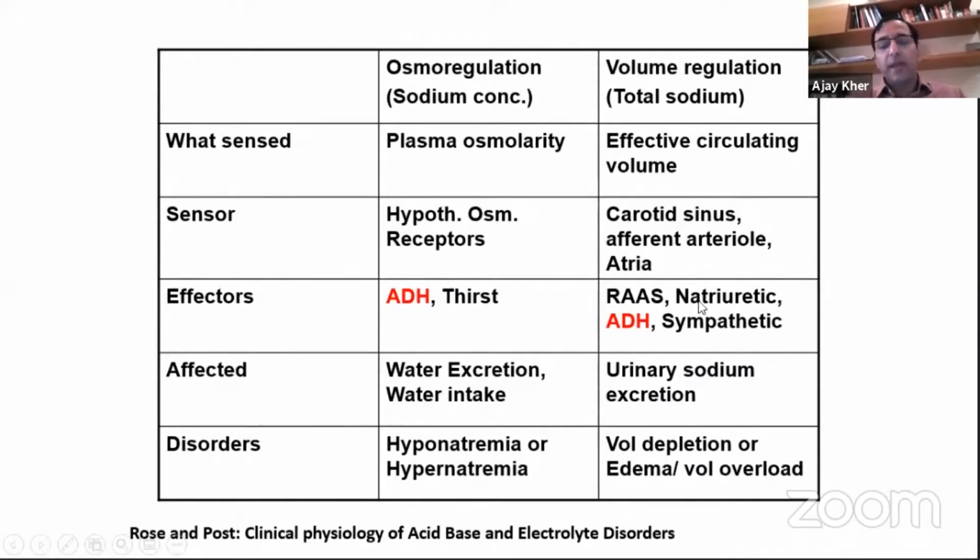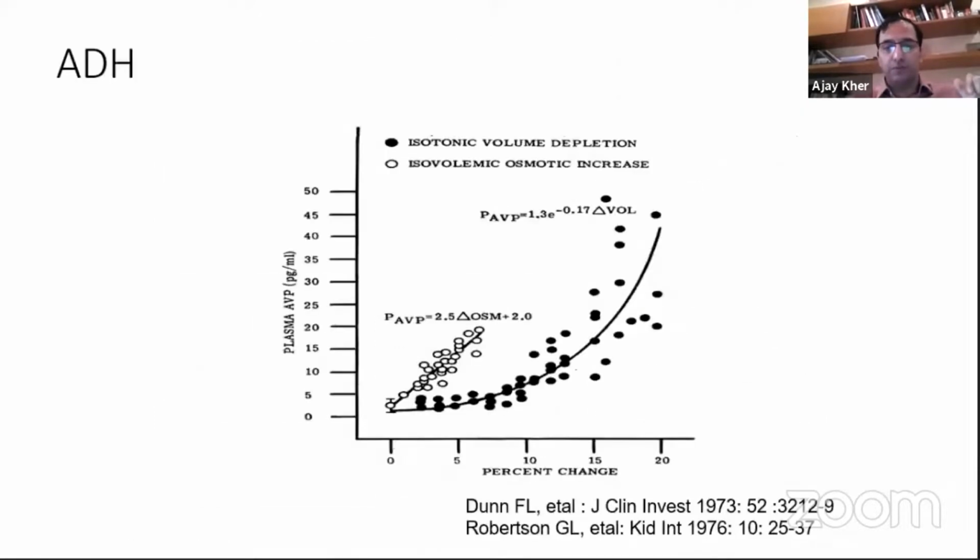The predominant mechanism by which these work is urinary sodium excretion or urinary sodium retention. If there are problems in this system, you will have volume depletion if the volume is low, or edema and volume overload if the volume is high. Again, because the body is regulating it through sodium, volume is actually a sodium issue, and osmolarity, because the body is regulating it through water, is actually a water issue, as hyponatremia is a water issue.